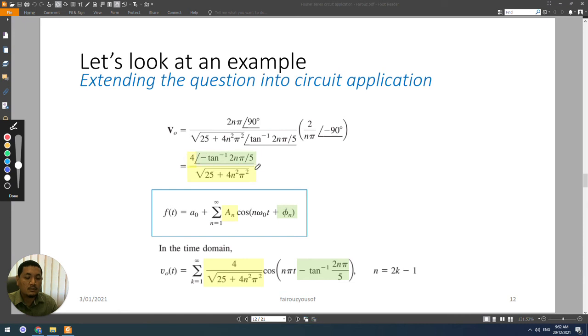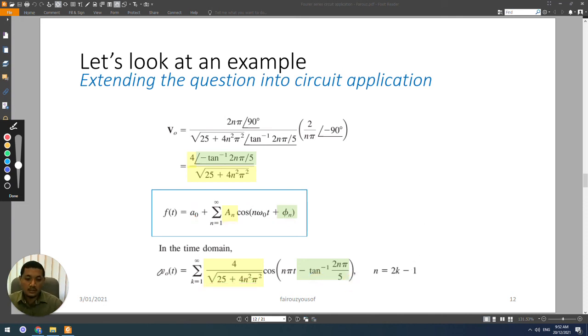Then we put it back in the Fourier series in time domain, v out of t. We get a0, which is 0, and then An and phi n, which is this and this.